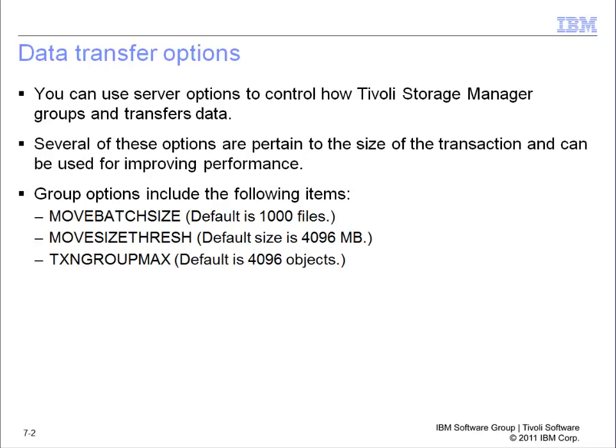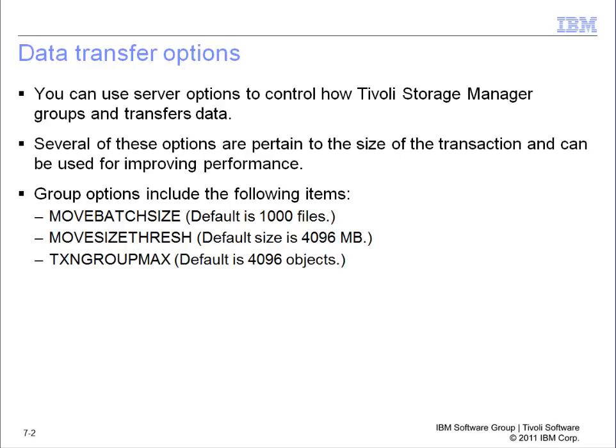Data transfer options. You have server options that control your groups and transfer data. For example, you have move batch size, the number of files that are moved and grouped into a batch within a transaction. Your move size threshold is the amount of data moved into a batch within the same server transaction.